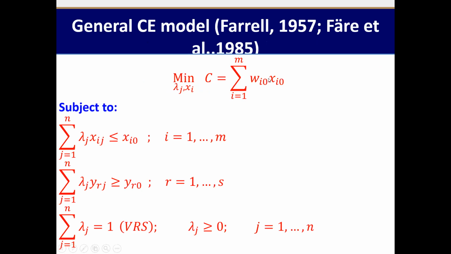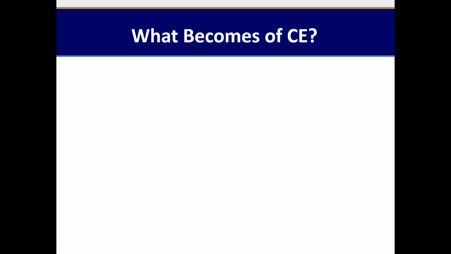How can you calculate it? Well, you know the actual input of that firm. Let's say it's 10. You know the price of that input. That is 2. Then that firm also has a second input. You know the input is 20. And then the price of that input is 3. Those ones are actuals. But the one you are just calculating using this linear programming is the minimum cost.